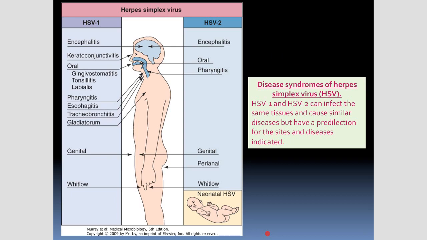So they can swap over the site, but some of them are particular. For example, HSV-1 is more towards the upper respiratory tract as compared to HSV-2. Unfortunately, the virus is for both. I'm going to give you some pictures of that. Both cause genital infection, so this is a part of STDs.